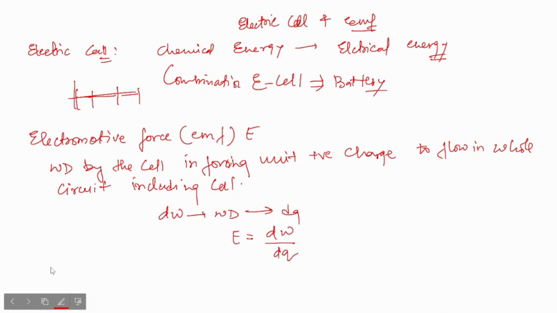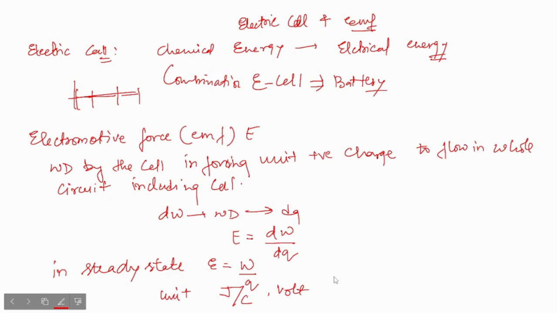And in a steady state, E will be W upon Q. Okay, you can also write its unit as well. Unit will be joule per coulomb, or you can say volt, right? You can write the dimension form.